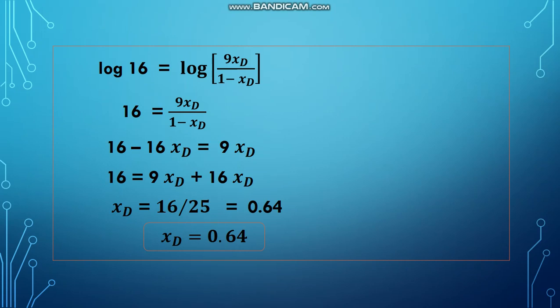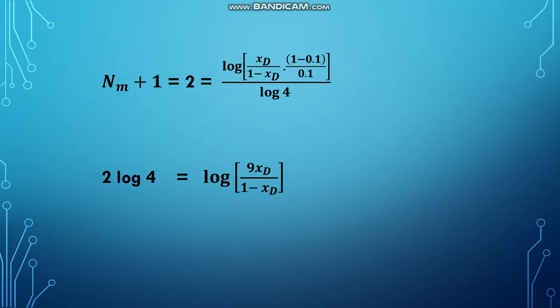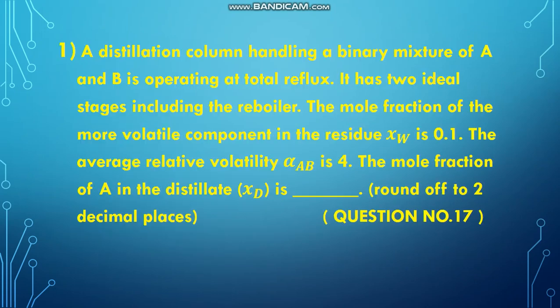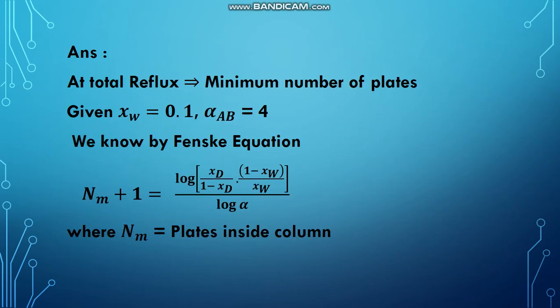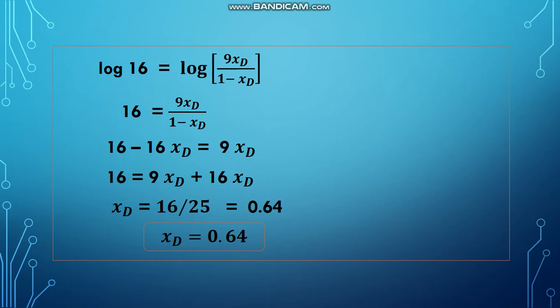That is, xd becomes equal to 16 by 25, which is equal to 0.64. So the mole fraction of A in the distillate, xd, is 0.64. In this way, by using the Fenske equation, we can solve this problem.